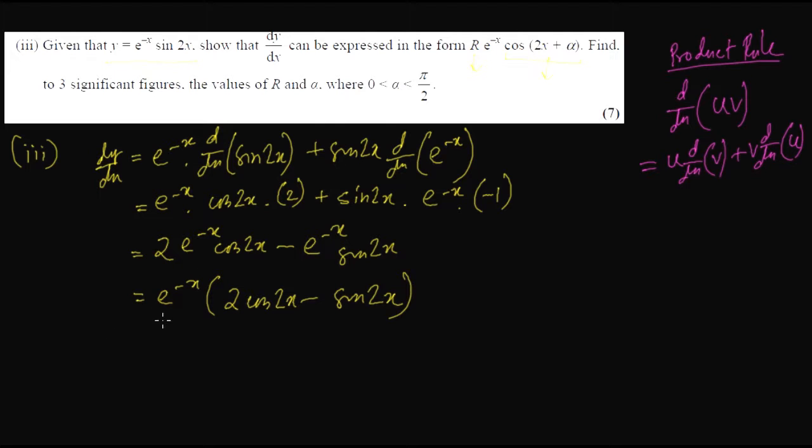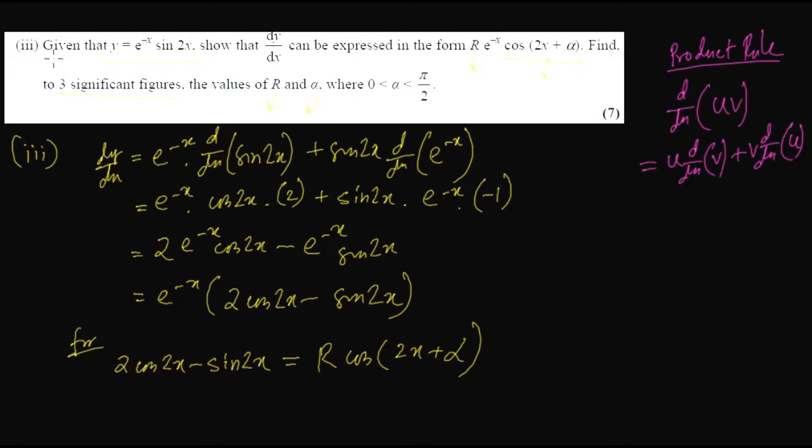So what they are actually telling us, we have to show 2 cos 2x minus sine 2x is r cos (2x plus alpha). This is what we have to show, and we have to find to 3 significant figures the value of r and alpha.